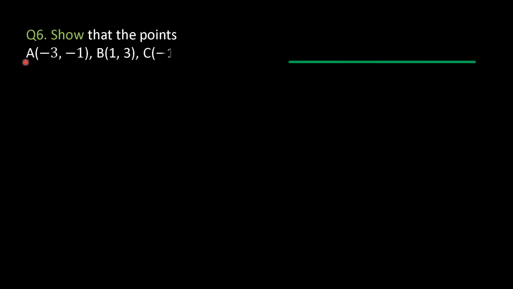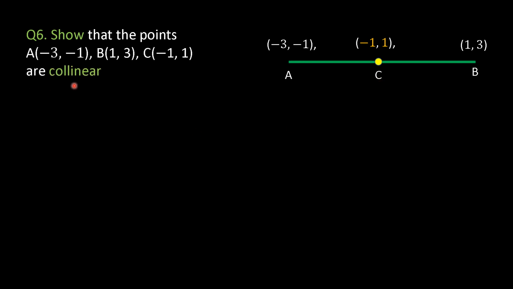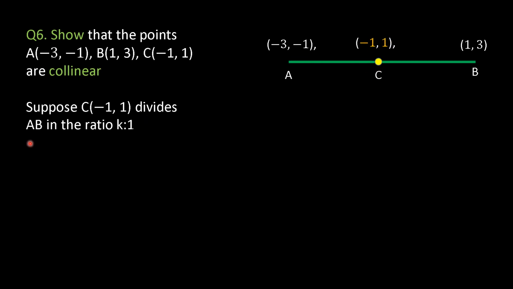In question 6, we have to show that the points A(minus 3, minus 1), B(1, 3) and C(minus 1, 1) are collinear. Suppose C(minus 1, 1) divides AB in the ratio k:1.